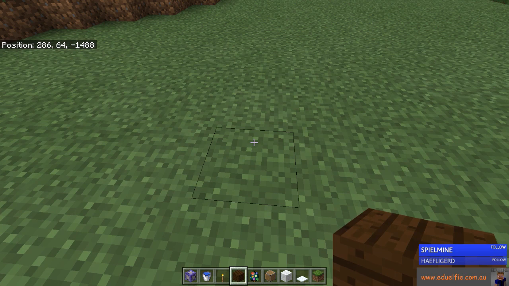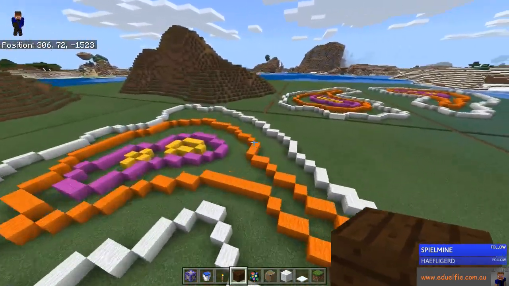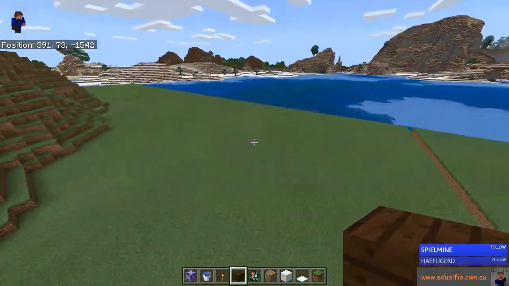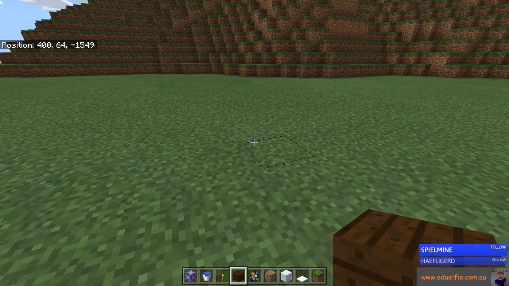So mountain 1 is 286 64 negative 1488. Mountain 2 is, let's drop them here, 464 negative 1549.